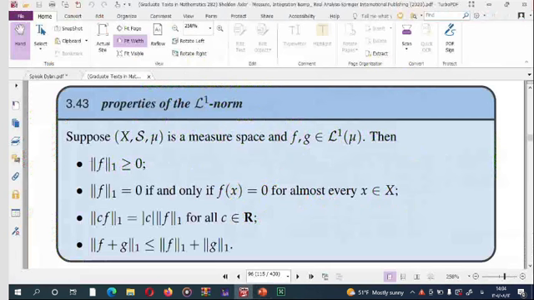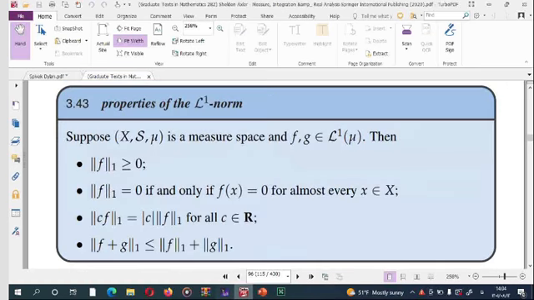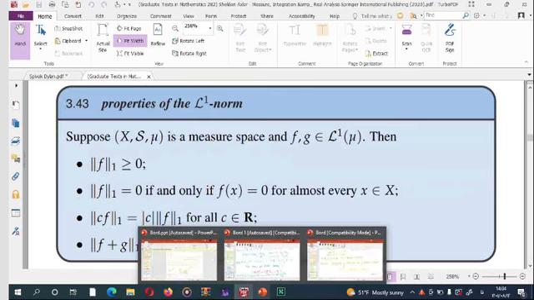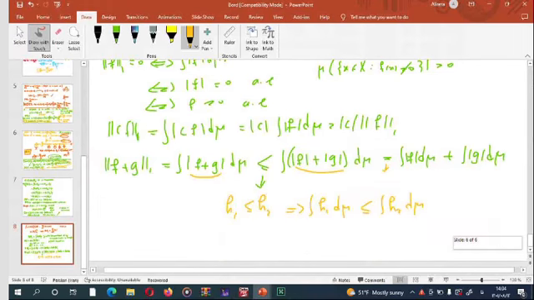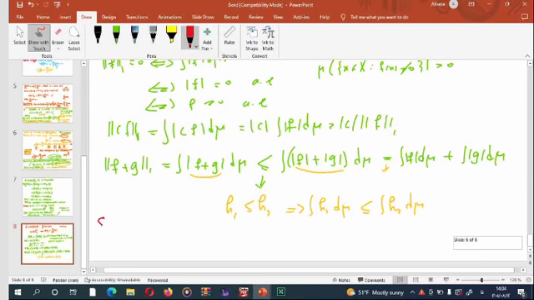Okay, these properties show that this is a norm function. Okay, this is a norm. So norm 1 is a norm function on L1.